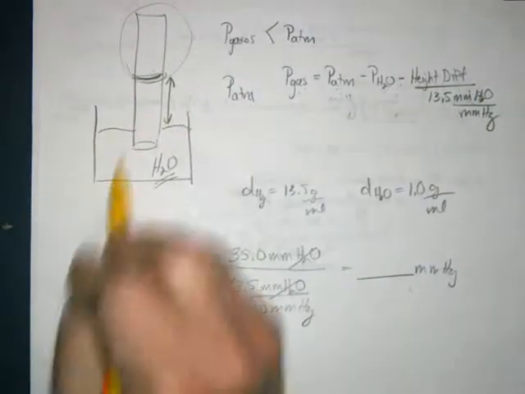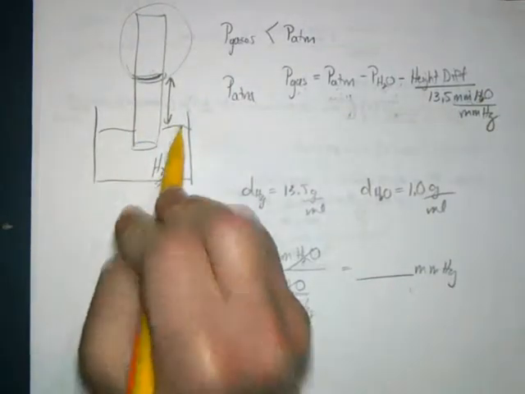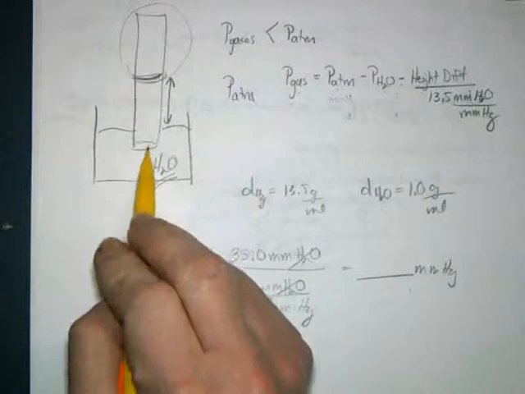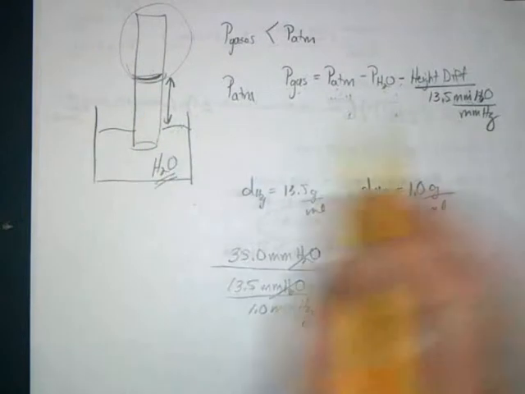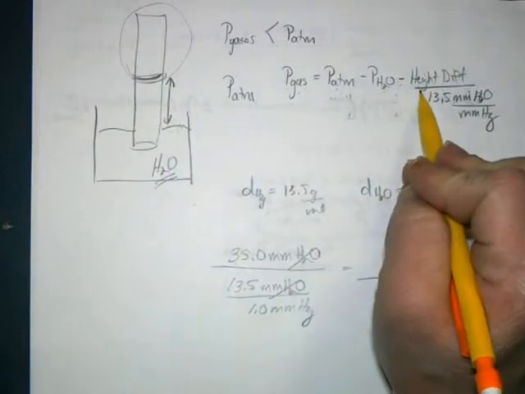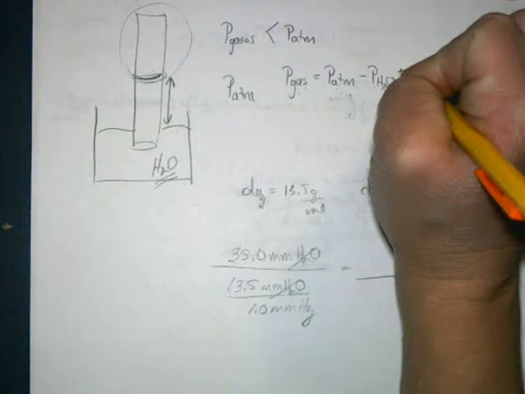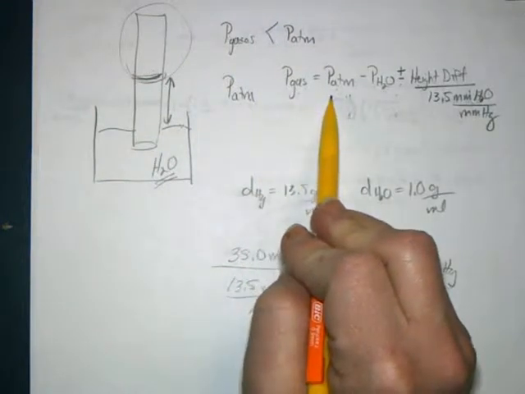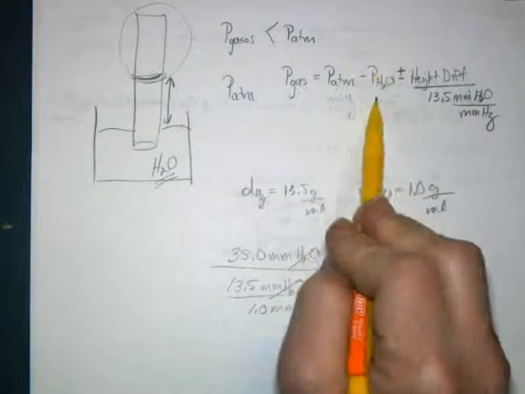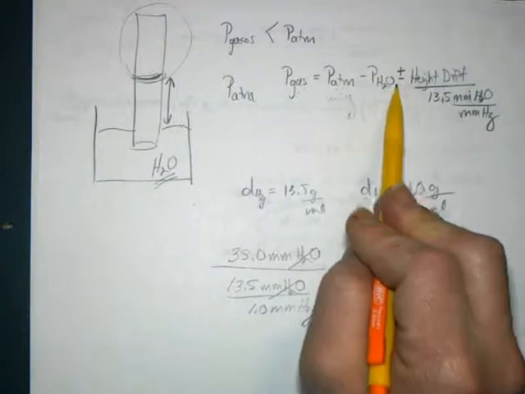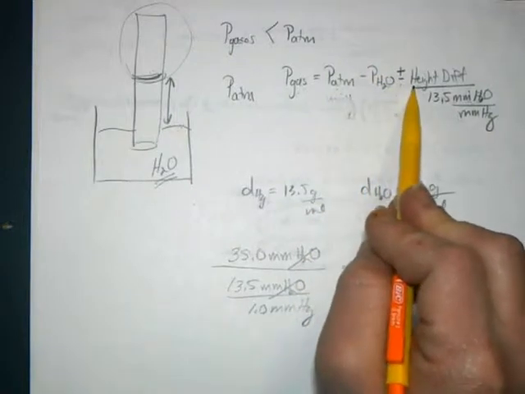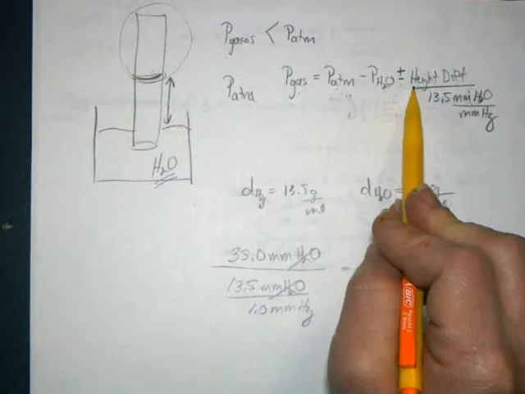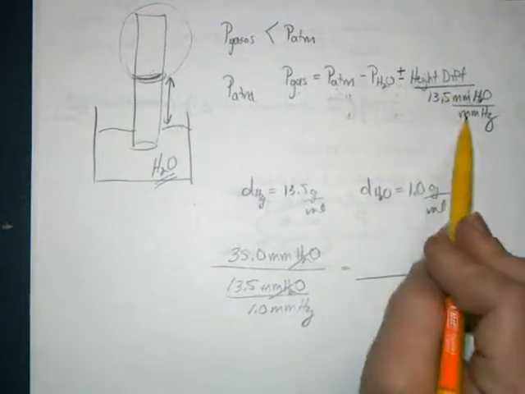If the liquid level would be below what it is on the outside, well, that means the pressure of the gas on the inside is greater. So we would add the height in that case. So our equation then is the pressure of the gas equals the pressure of the atmosphere, subtracting away the partial pressure of water due to temperature, and then we'll add or subtract the height difference if there is a height difference. If we've collected over water, we must divide that height difference by 13.5.